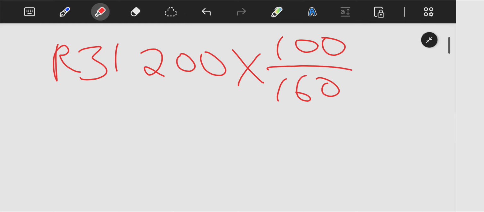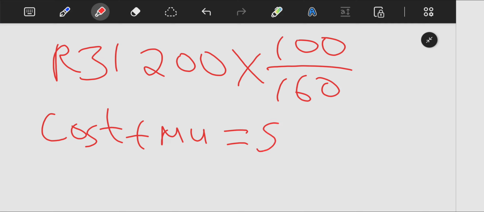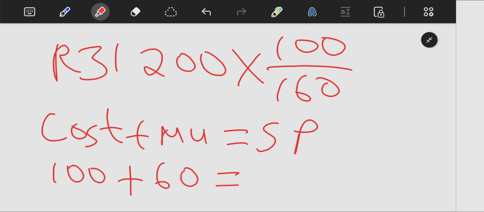Remember, cost plus markup is equal to selling price. Now, your cost is 100%, your markup is 60%, your selling price is 160.